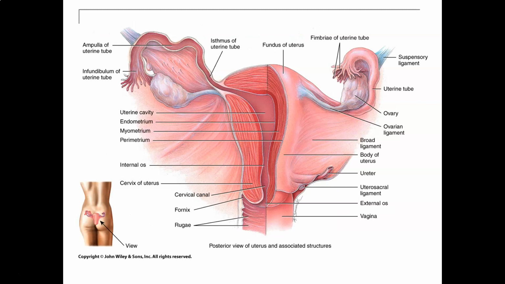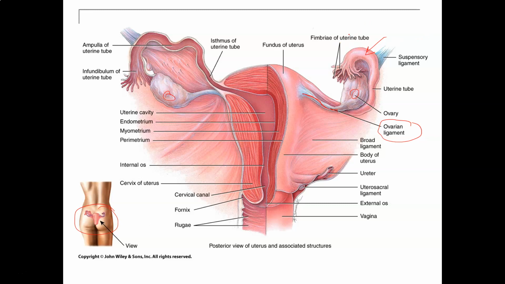Here's a different view, a posterior view of the reproductive system in females. So here we see the ovaries. And notice how they are anchored to the uterus by a ligament called the ovarian ligament here in white. And then looking on the other side of the ovary, here we see the beginning of the uterine tube, or most medical people use the term fallopian tube.